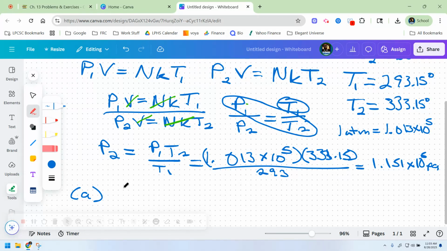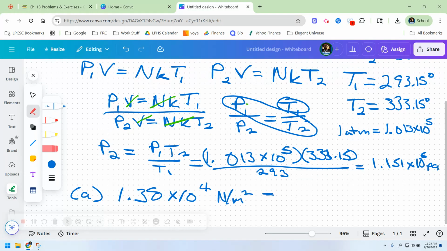We're told that 1.38 times 10 to the 4th pascals, and a pascal is the same as newtons per meter squared, right?